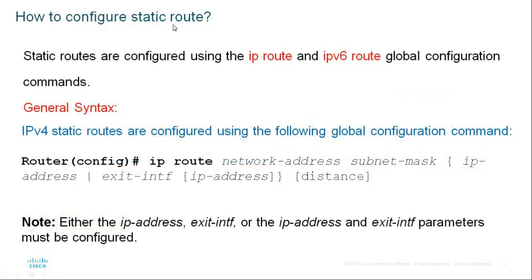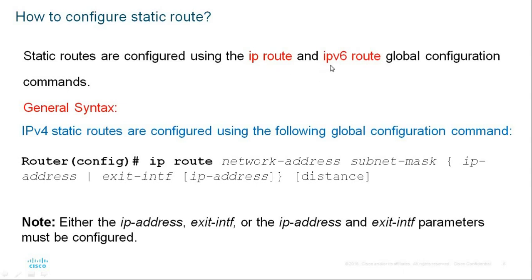Next, how to configure the static routes. Static routes support both IPv4 as well as IPv6 protocols. If you want to configure an IPv4 static route, we have to use the syntax IP route.